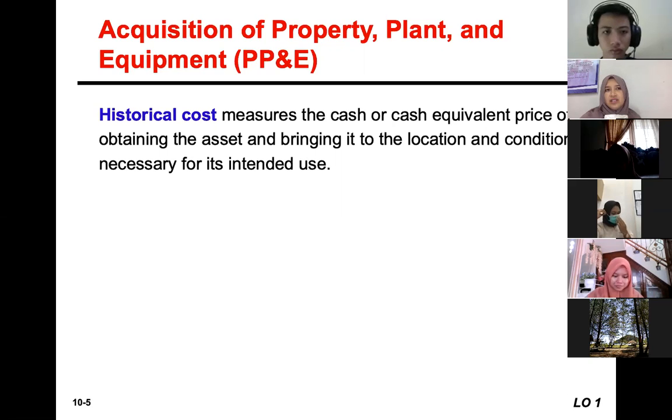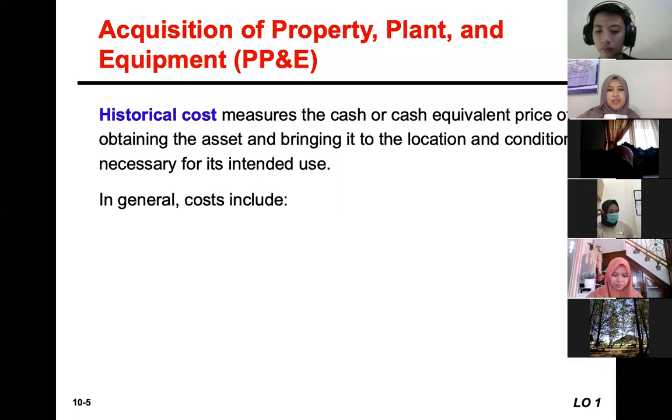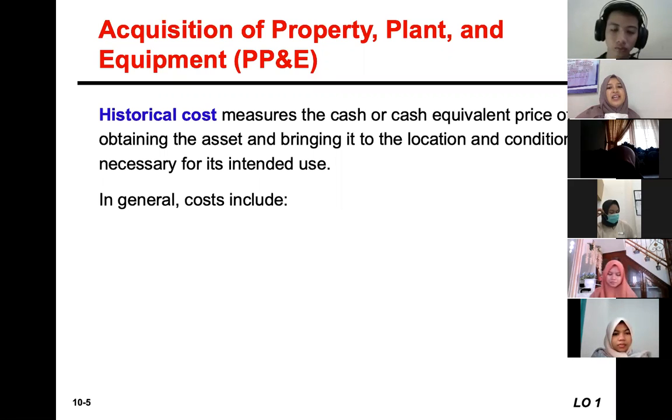So it's not only the price of that asset. Let's say we buy a building for 1 trillion rupiah, but we need to pay the tax on that building, let's say 500 million, and then we need further clearing up the job, major renovation to the building before we can use that building.